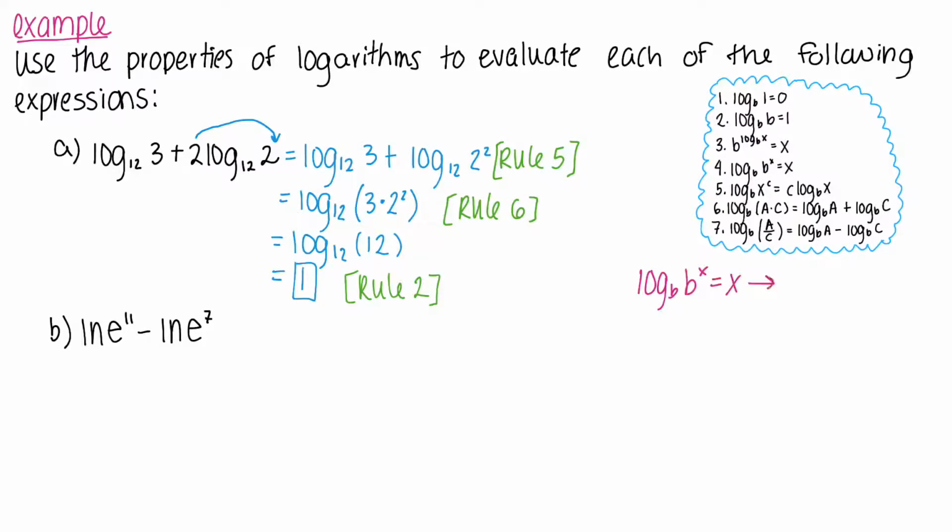We said that the alternative version was ln of e to the x is equal to x. So these ln e's can really cancel, and you're left with just the exponent. So this is 11 minus 7, and that's using rule number 4. And 11 minus 7 is 4, and that's your answer.